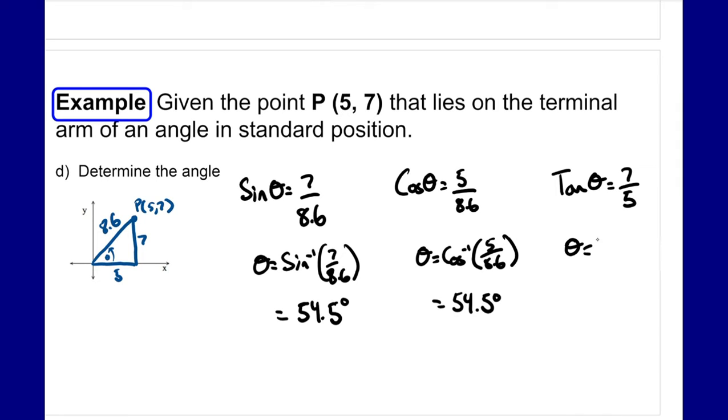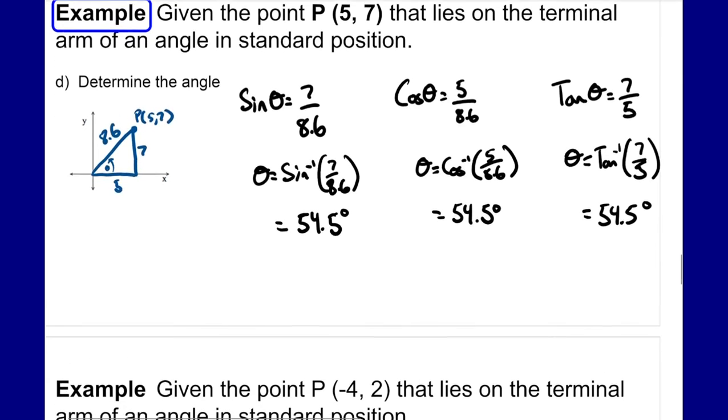So theta is tan inverse of 7 over 5. Again, we should get 54.5, but let's just double check anyways. We do get 54.5. So again, it doesn't really matter in this case which one we choose because we do get the same answer regardless.